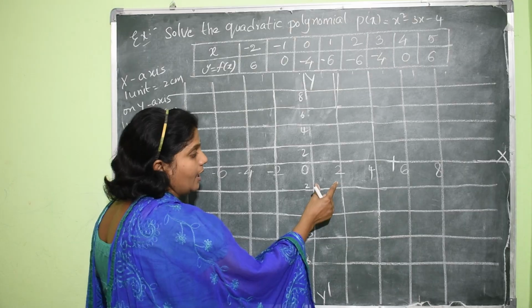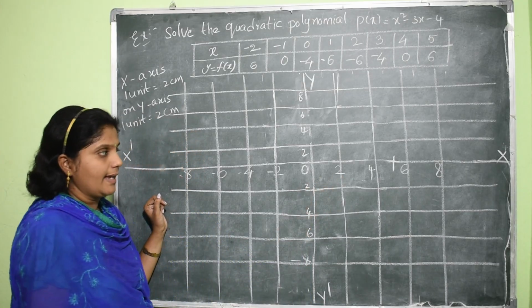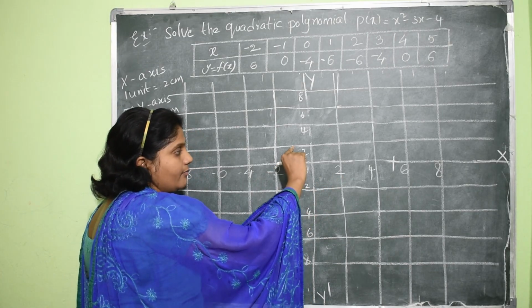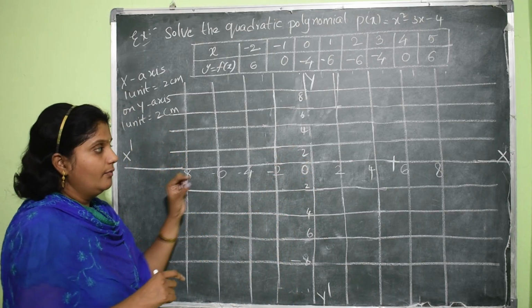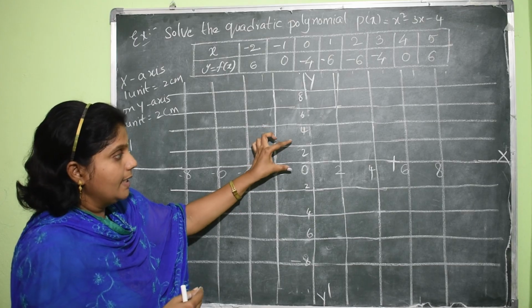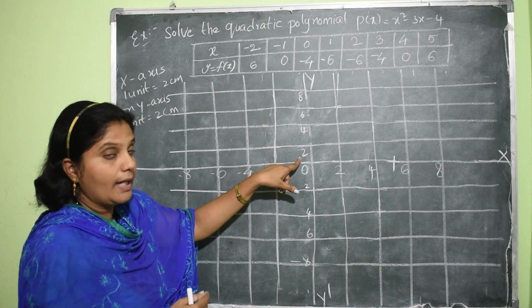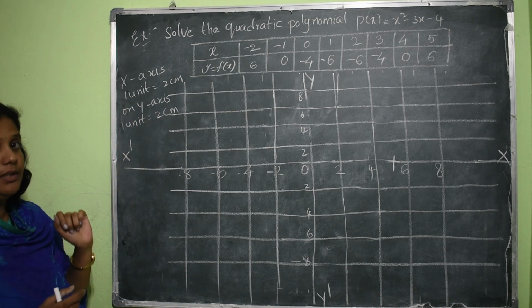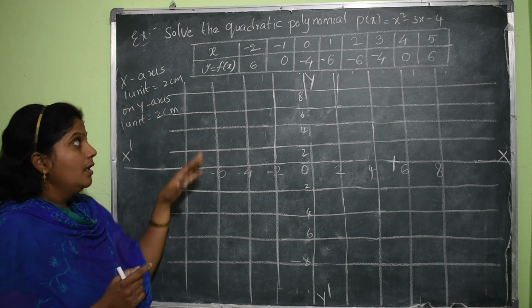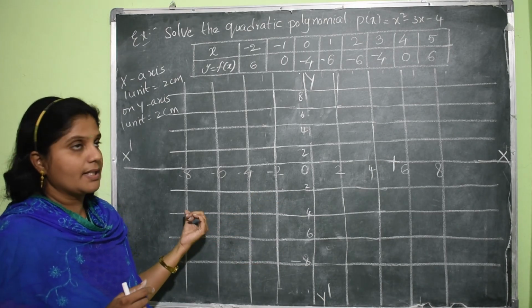So, for 1 unit we are taking 2 centimeters on the x axis. And here on the y axis also, 1 square is 1 unit. This 1 unit on the y axis we took as 2 centimeters. So, on y axis also 1 unit is equal to 2 centimeters. So, now we understood how to take the scale.